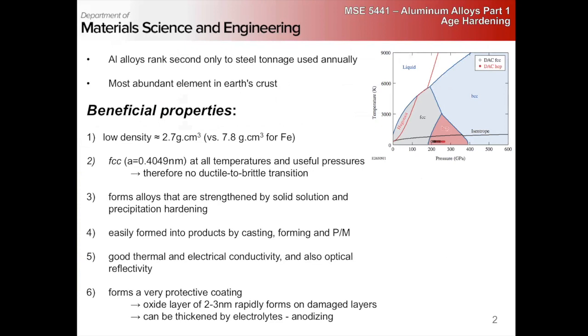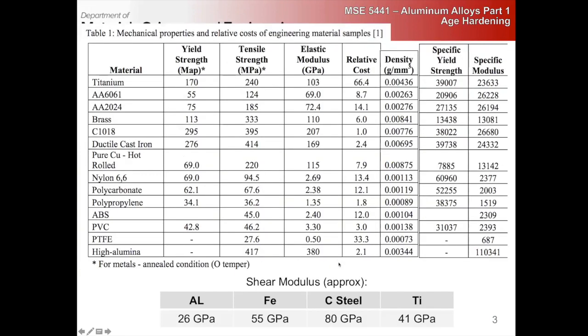Since we're not designing structures to withstand hundreds of gigapascals, we don't care about it. It's good to know some properties relative to some other classes, aluminum versus steel and titanium.